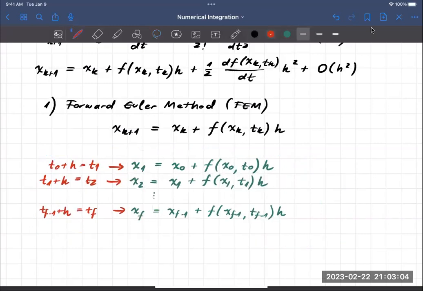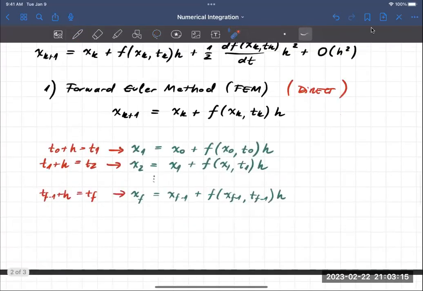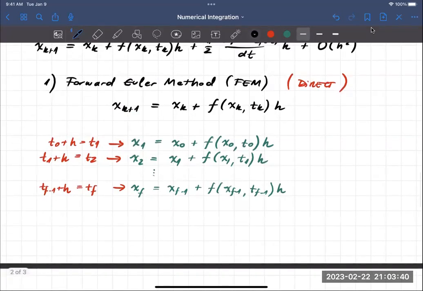This forward Euler method is a direct method. Why? Because we only need the information from the previous step to compute the new step, right? That is known at every step, and we use that information to get the new x. So it's pretty straightforward, and it works okay in general when h is small. But we're going to talk about that a little bit.